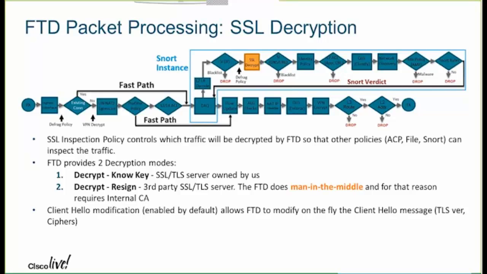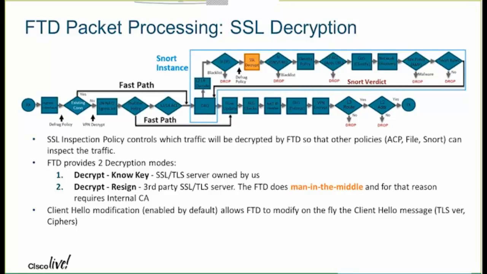In case of decrypt resign, we basically do something like a man in the middle. So it is more of a complete TCP proxy that we do in this case. The entire client hello, server hello is completely proxied by the FTD. Whatever client hello the FTD receives from the client, it will proxy, and then the FTD would be sending a totally different client hello to the end destination.